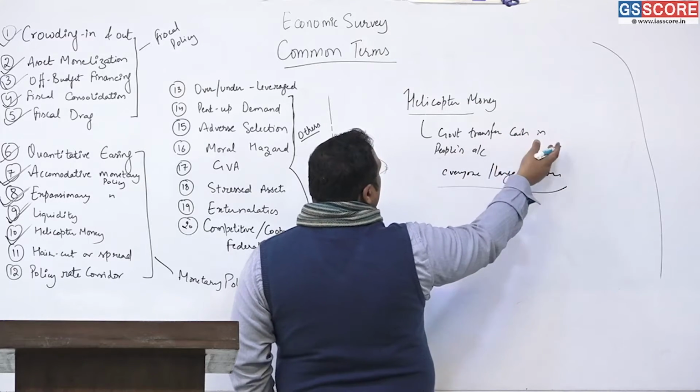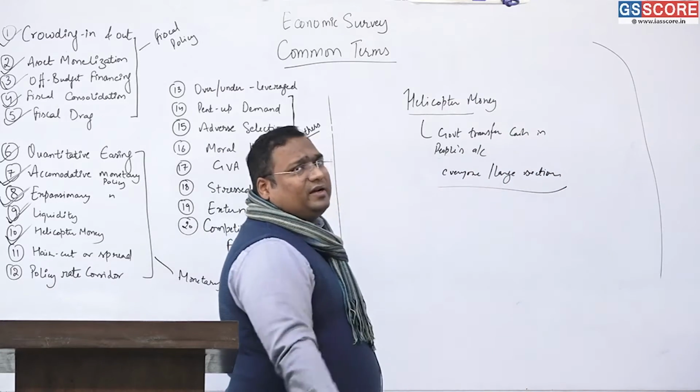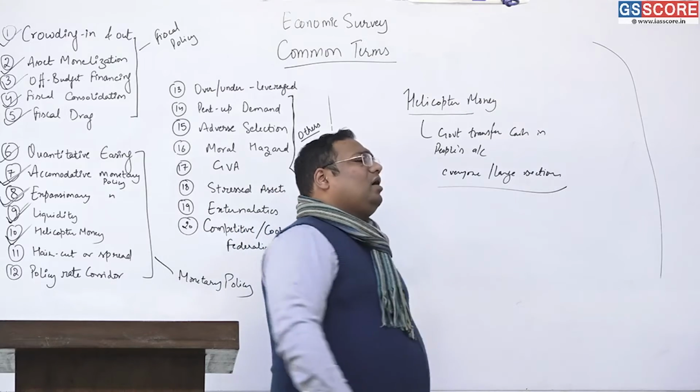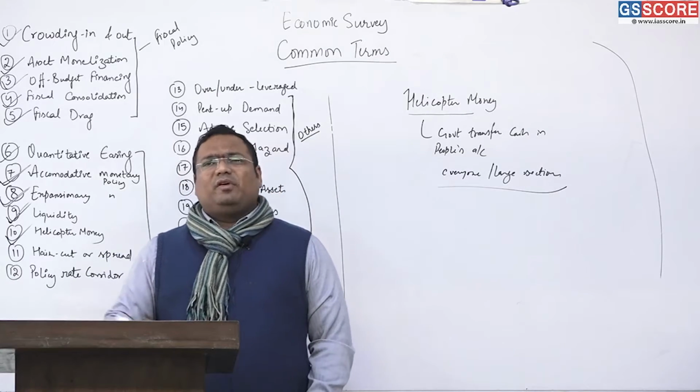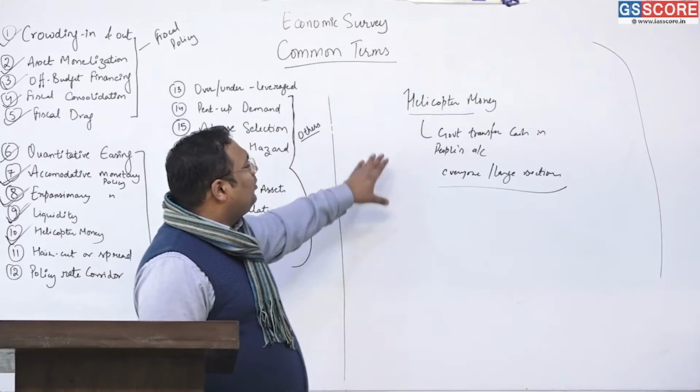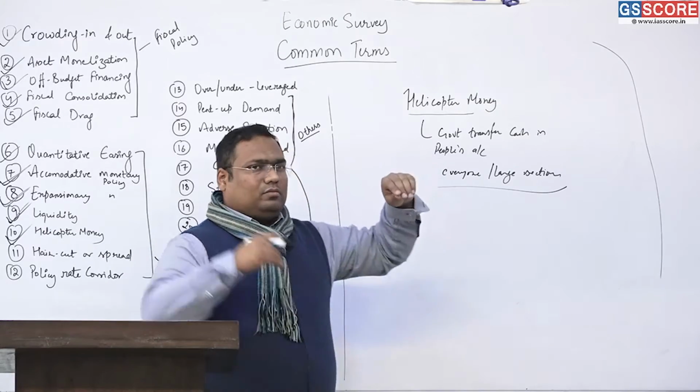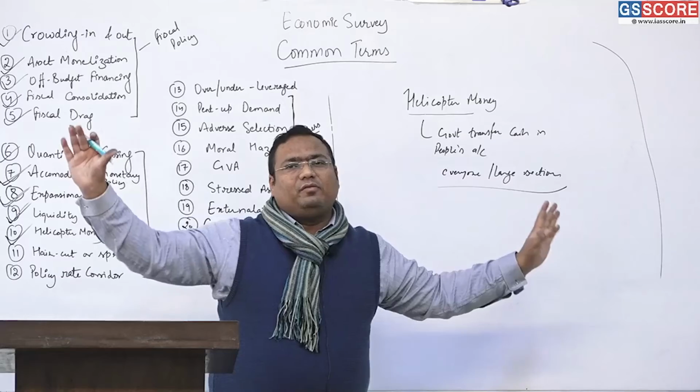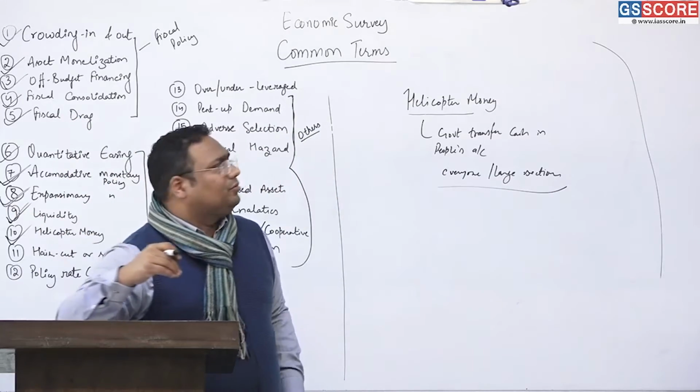It can be done in different ways: transferring cash into accounts, or giving direct cash in hand. There can be various mechanisms for doing so, but helicopter money is this: as if from a helicopter you are dropping money everywhere. Everybody gets money in this system.